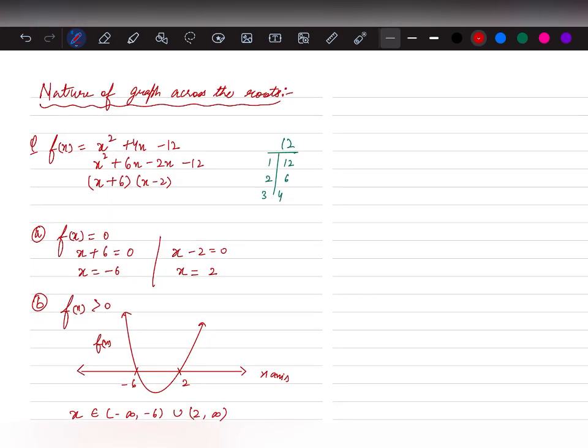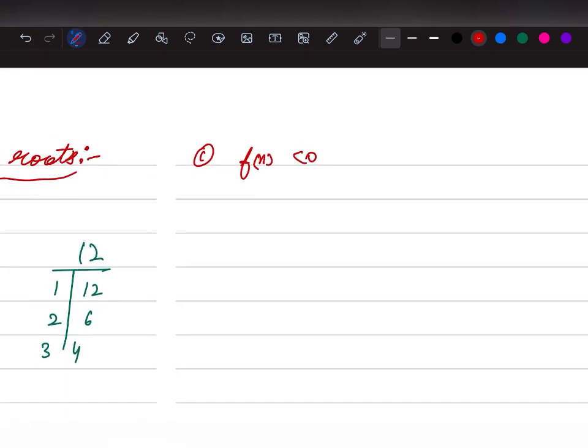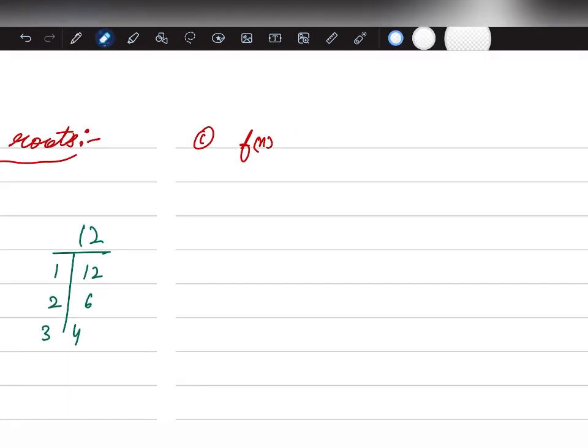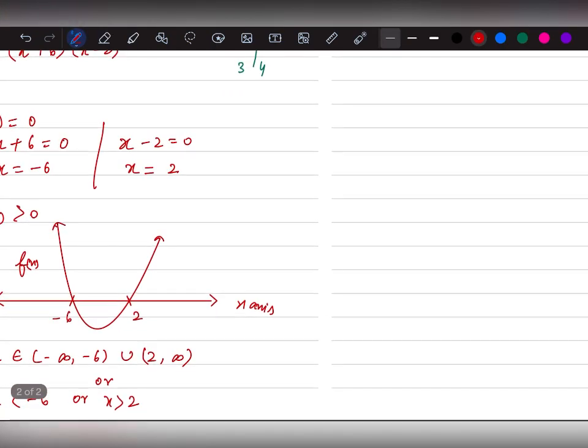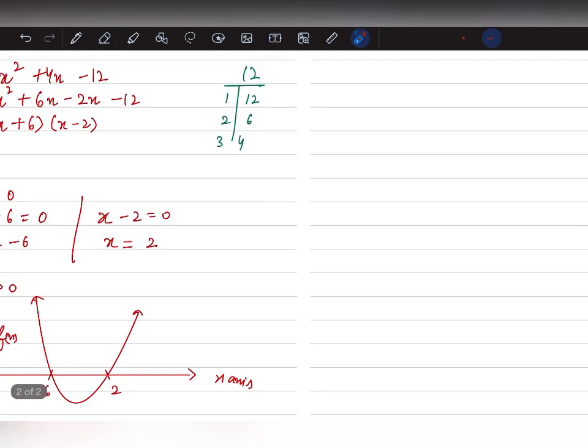Now for part C, what will we find out? When my f of x is less than 0. To find out when f of x is less than 0, we will check the graph again. For all these values of x, my f of x is below the x-axis, and yes, it will be less than 0.